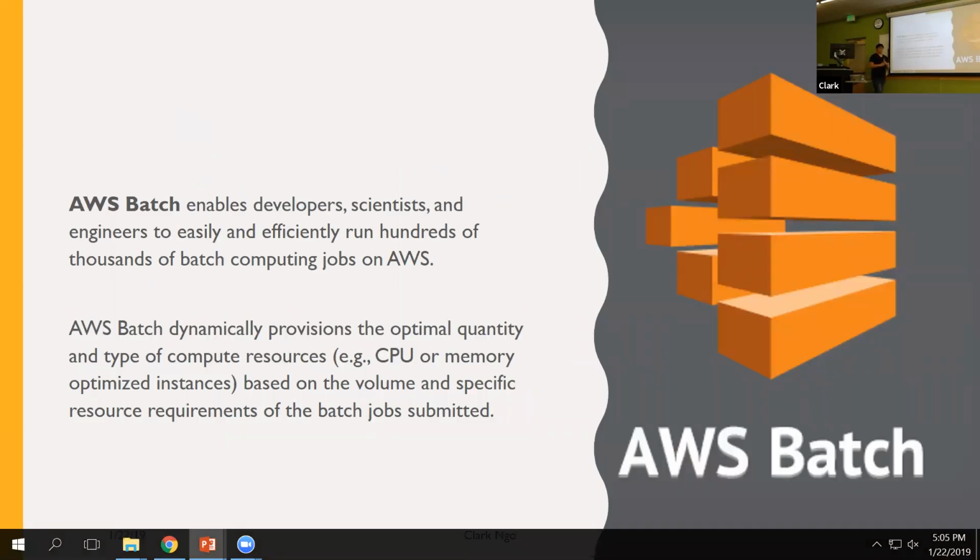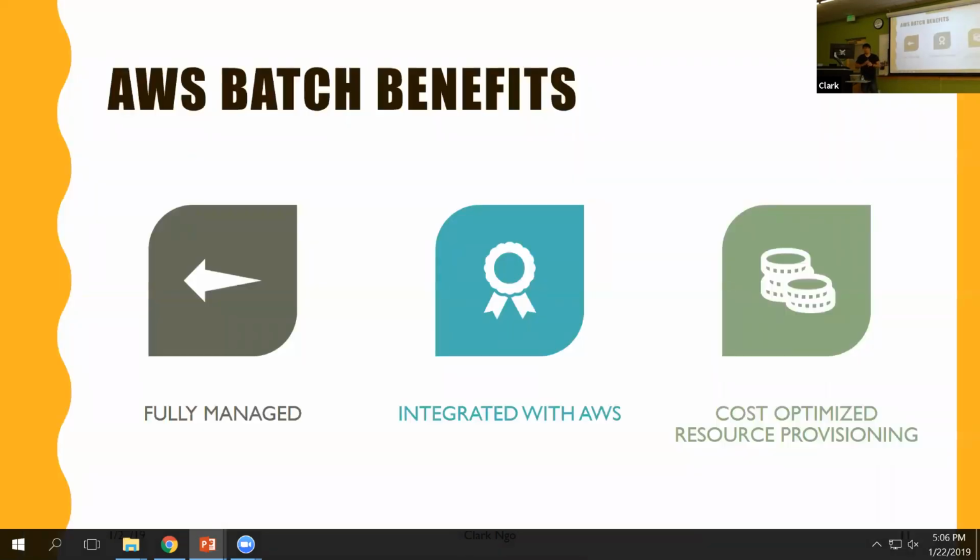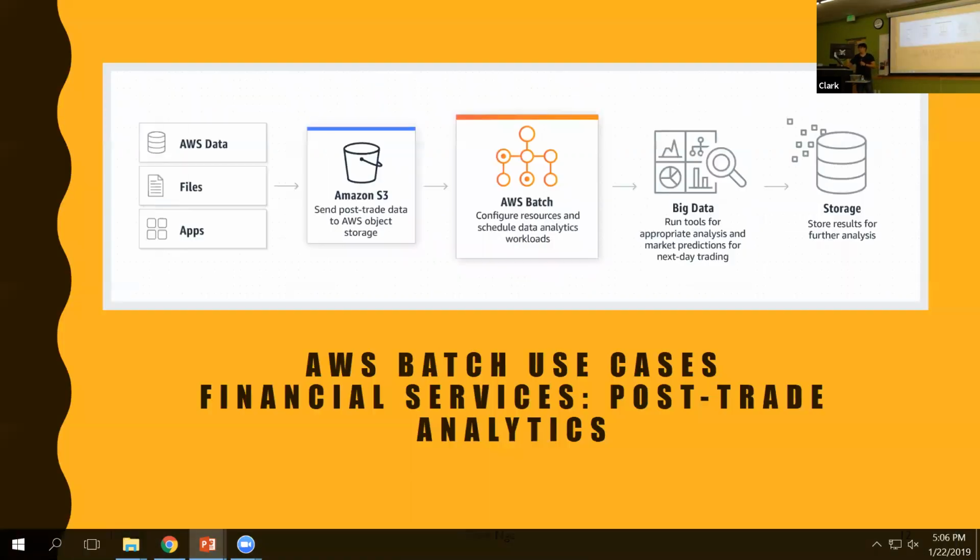Okay, next would be AWS Batch. So basically, AWS Batch would let you do batch computing. What is batch computing? Basically, batch computing is things where you need to run a lot of data simulations like analysis, financial risk, and Monte Carlo simulations. And again, integrated with AWS, cost is good, fully managed.